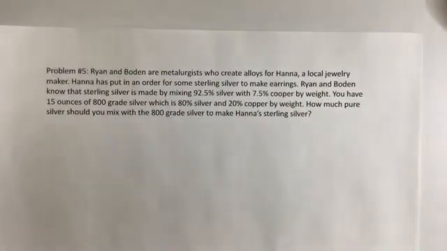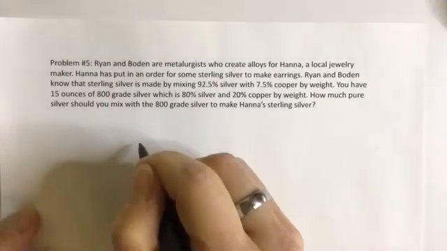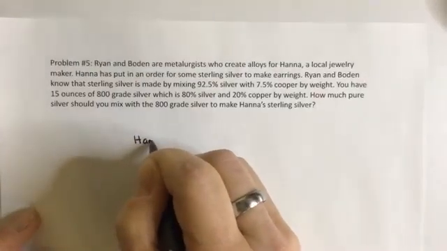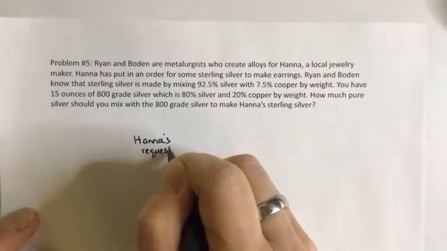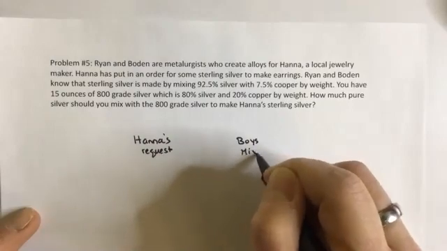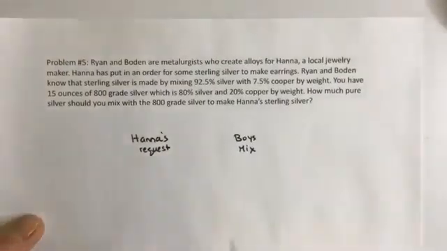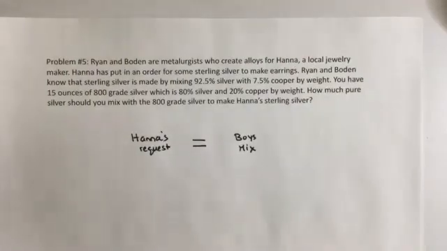Now, the silver problem is the hardest of the bunch because we have to try to figure this all out. What we have in this problem is what Hannah requested and what the boys are going to mix. And we know that if they're going to get paid properly, that has to be the same.